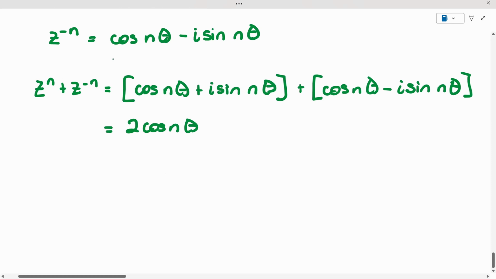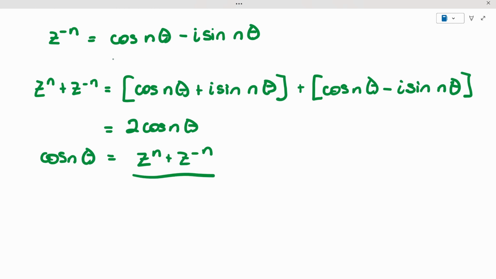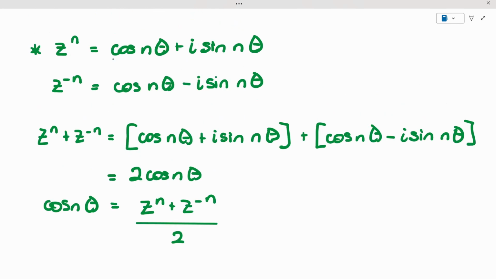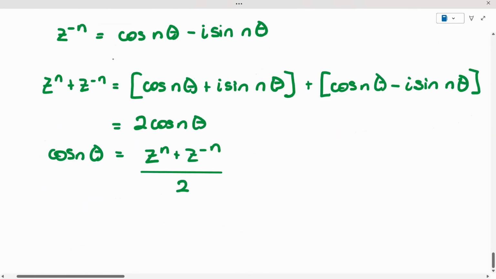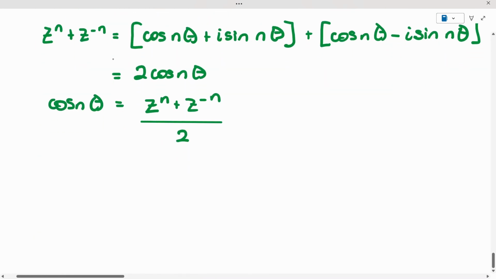Or alternatively, we could write cos n theta as z to the n plus z to the minus n all over 2. And you can already see where we're going with this, because we will eventually get terms of cos n theta and sine n theta, right? So this was if we added it.